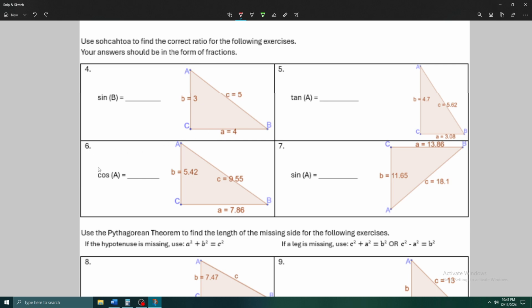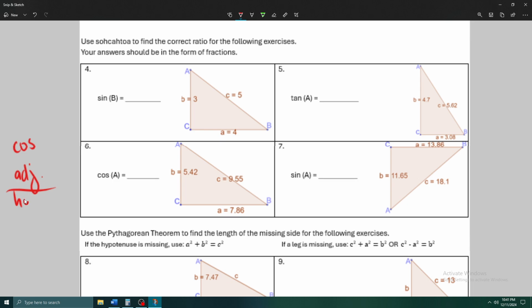On number 6, we're looking for the cosine, and we know that cosine is adjacent over hypotenuse.